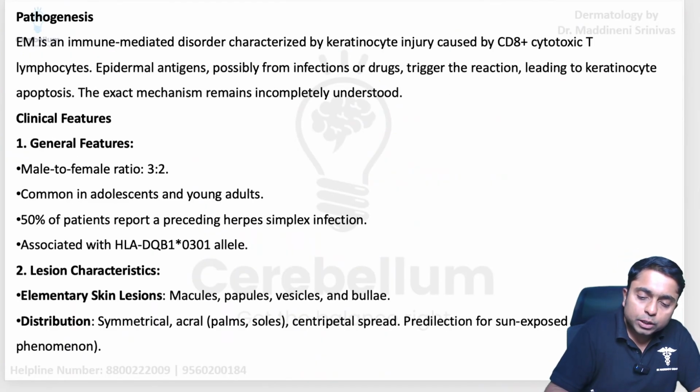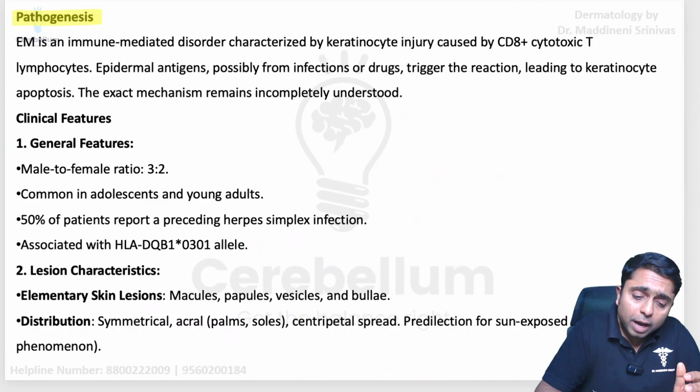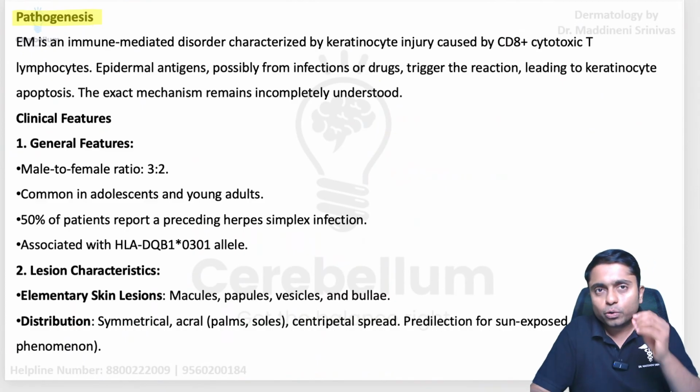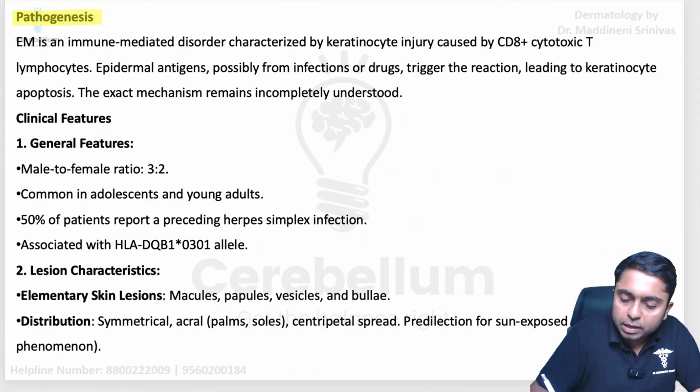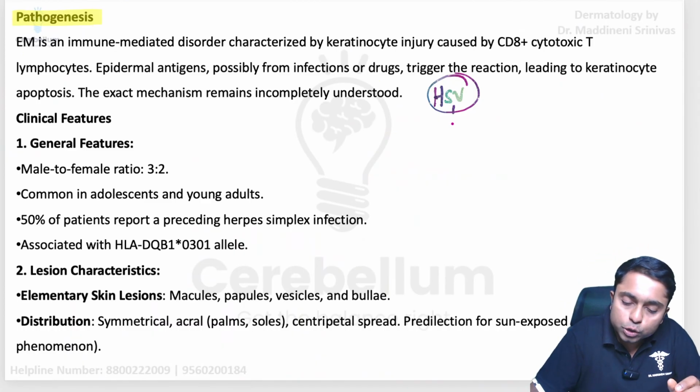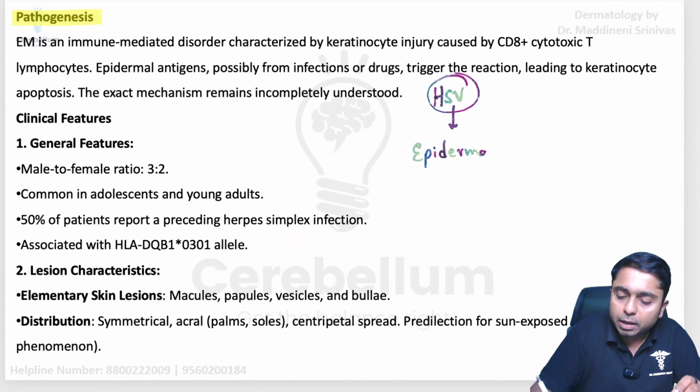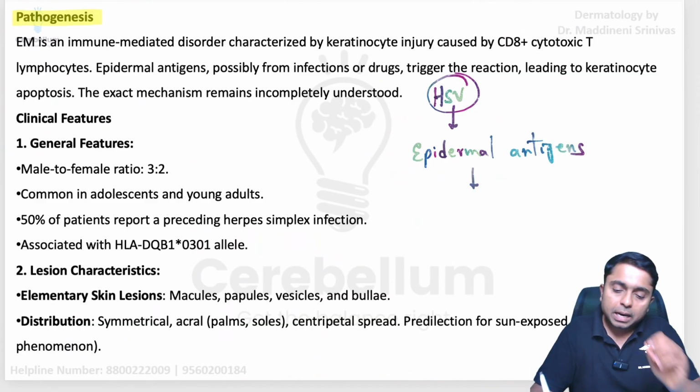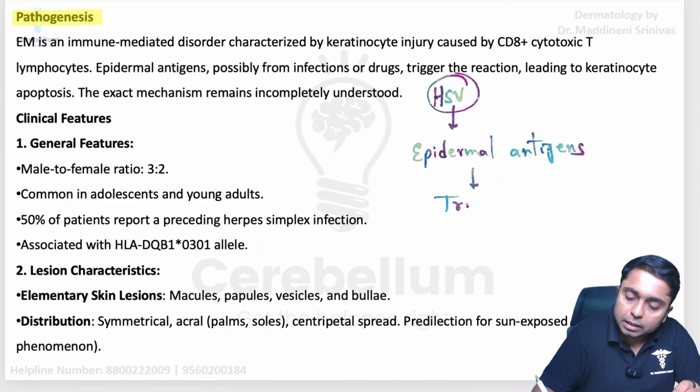So what is the pathogenesis? You can remember that, so I will just write it down in the form of a flowchart. You can write this in the examination. Whenever there is any infection, for example herpes simplex viral infection, it is going to cause damage of the epidermis, because of which the epidermal antigens will become exposed. It is these epidermal antigens which are going to trigger the Erythema multiforme.